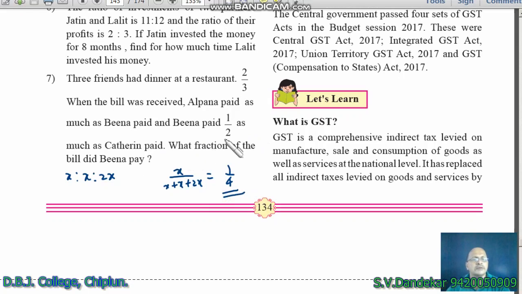The answer given in the previous answers is 3 by 11, so this 2 by 3 must be carrying some weight over here, and we don't know. So either it is a printing mistake, or if 2 by 3 is not there, then 1 by 4 is the answer.